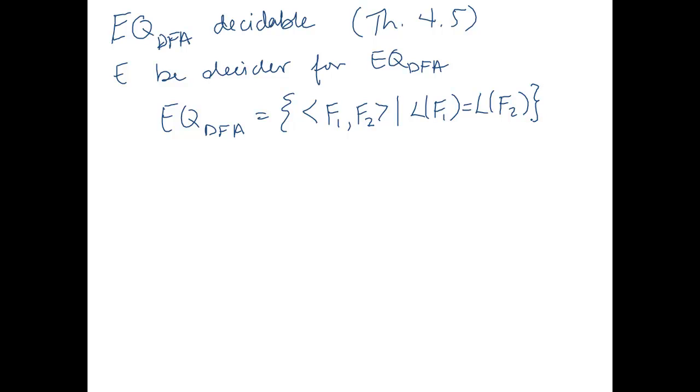Basically EQ DFA is the language of strings that represent a description of a DFA followed by the description of another DFA, and it's the case that the language of the two DFAs is the same. It means that all of the same strings are in the language. Okay, so that's our first fact.